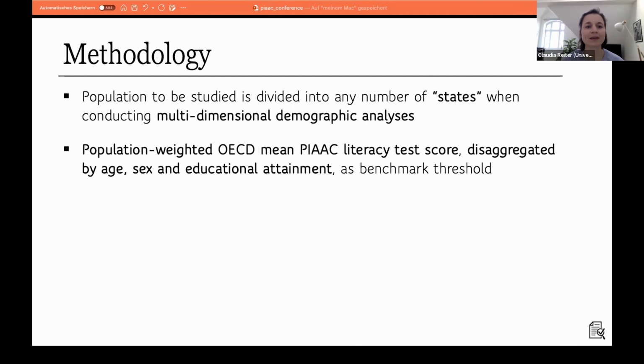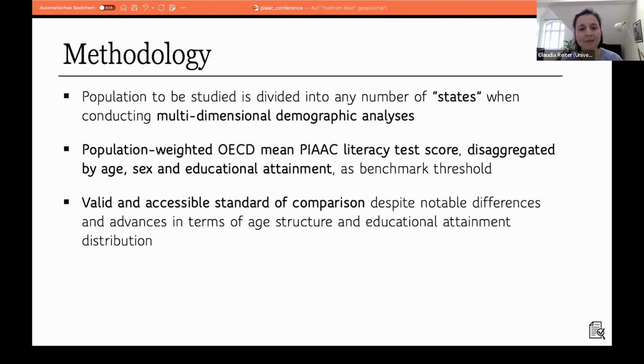So what I did, I defined the population-weighted OECD mean PIAAC literacy test score as the benchmark threshold, but I didn't use the overall OECD mean, but I disaggregated it by age, sex, and educational attainment. So I calculated the mean PIAAC literacy test score for all OECD countries separately for these different age, sex, and education groups. And I think in this way, it is a valid and accessible standard of comparison, even for countries which are very different in terms of age structure or educational attainment distribution.